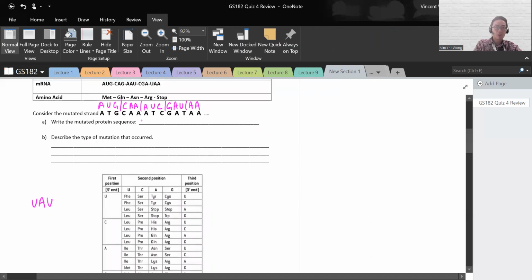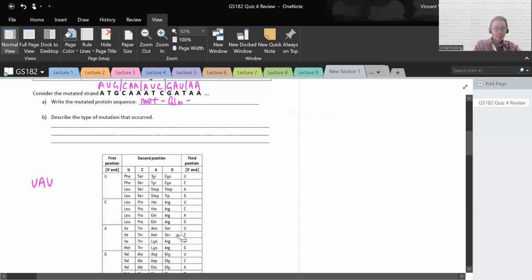Of course, that is going to be MET, the starting codon codes for methionine. And we have CAA next. So CAA, GA, which codes for GLN. We're going to go ahead and do AUC next. So AU and C, right?